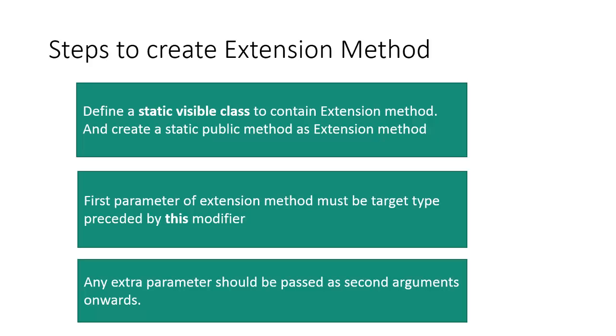So for example, if you are creating extension method for a class product, then first parameter of extension method would be this product, and any extra parameter should be passed as second arguments onwards. Like a normal function, extension method can return any type of data.